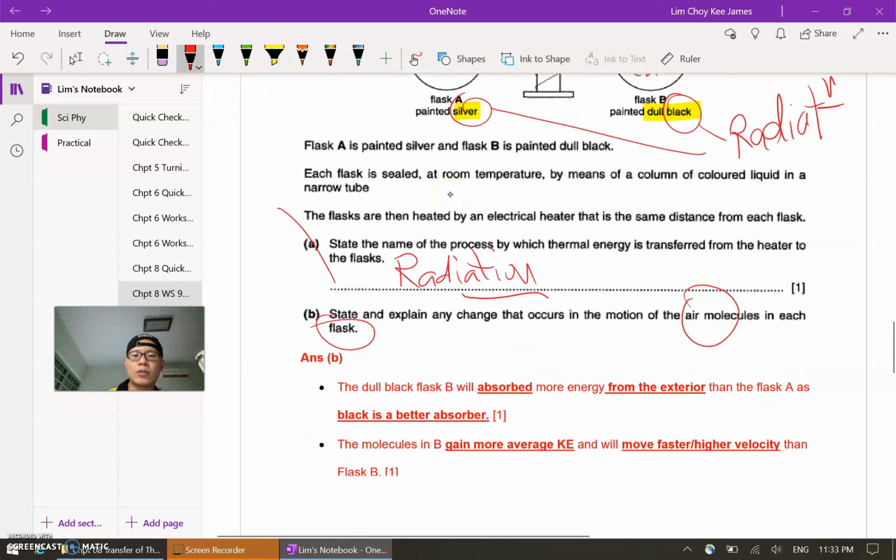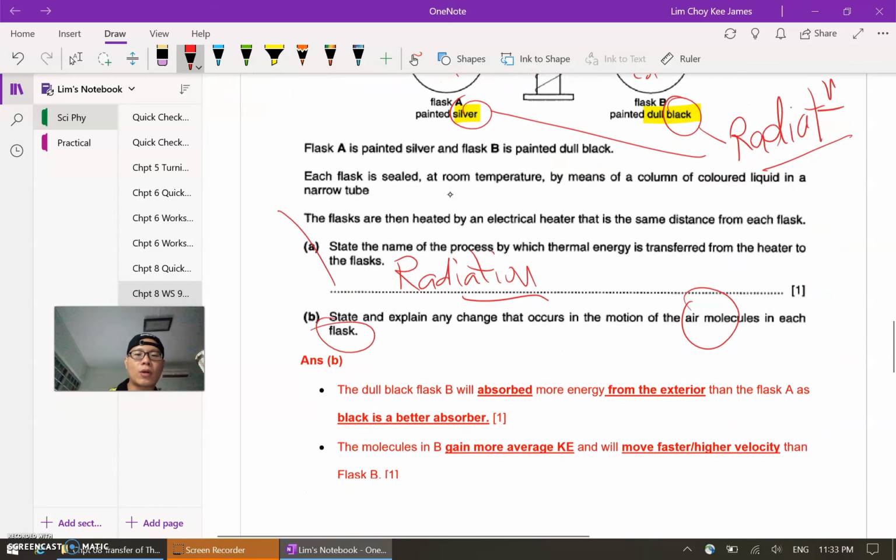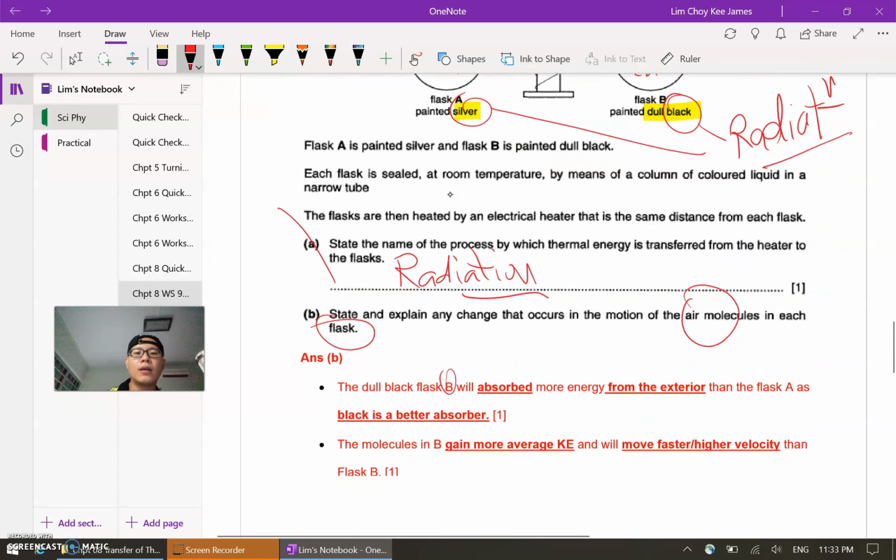Like you see from the clue, it will be by radiation. We also know that it's from outside to inside. So that's why I know that flask A and flask B will be acting as an absorber. The primary keywords I'm looking out for are radiation and absorber.